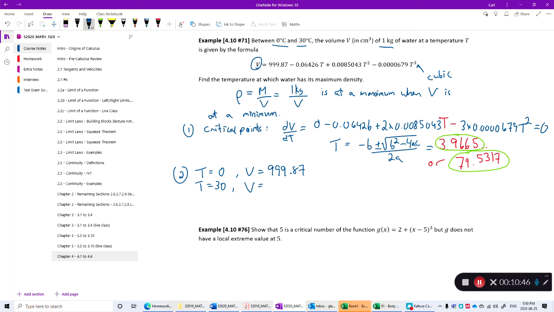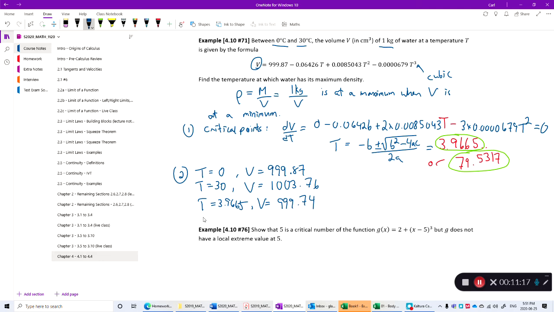Let's see. I'll take a pause here. At a temperature of 30, I get a volume of 1003.76, so that's a larger volume. Then at t equals 3.9665, plugging that into the formula, it's a little tedious to punch it all in, I get 999.74.